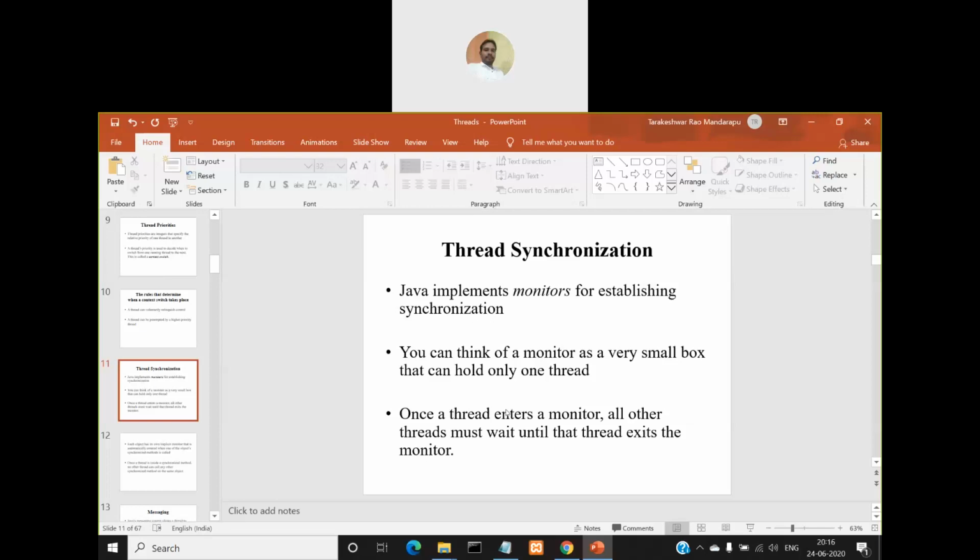If the other person, that is the second joint account holder, also assumes that he has 10,000 balance there, so he can utilize it, and he also tries to withdraw it using an ATM card, debit card, or he also may try to purchase something online in a different scenario, in a different context. Until one of these transactions is completed and the bank account is updated with the balance amount, the other transaction that is being performed cannot be allowed to perform the transaction, right?